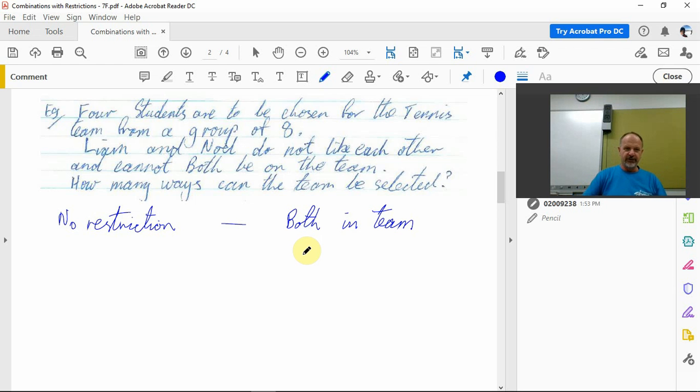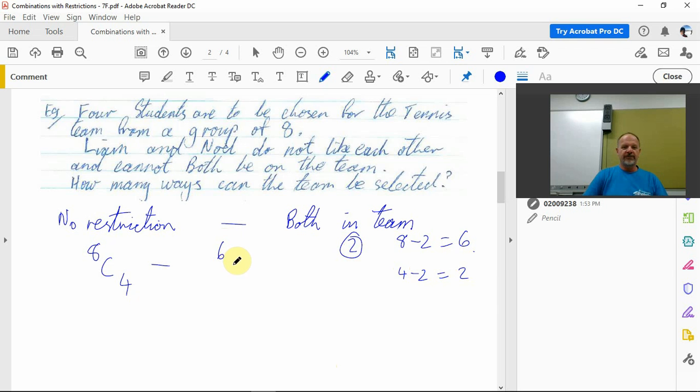So no restriction would be 8C4. Again, it doesn't matter how many we choose. And if they're both in the team, so they're 2 people and they're both in the team, if we had our 8 and we're taking those 2 out, we've now got 6 to choose from. If they're both in the team, and there's 4 people in the team, we've already got those 2 in there. So we're choosing another 2.